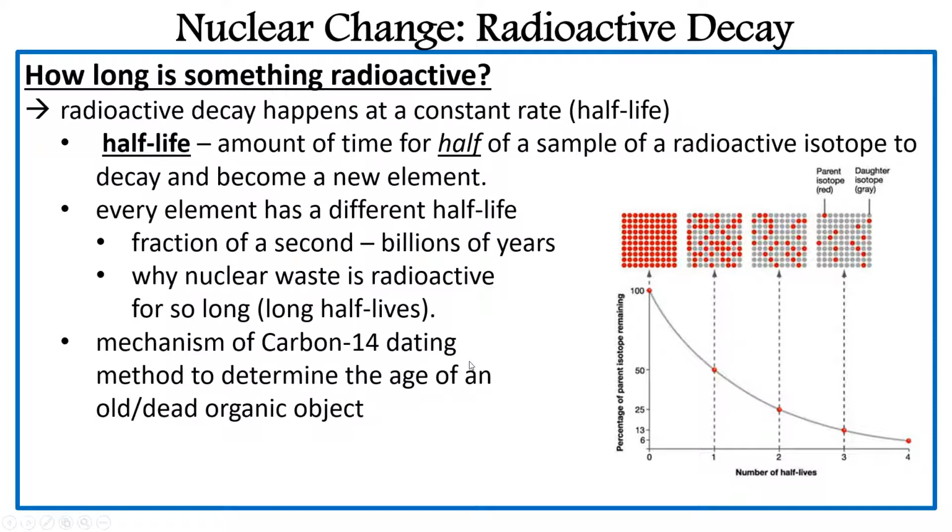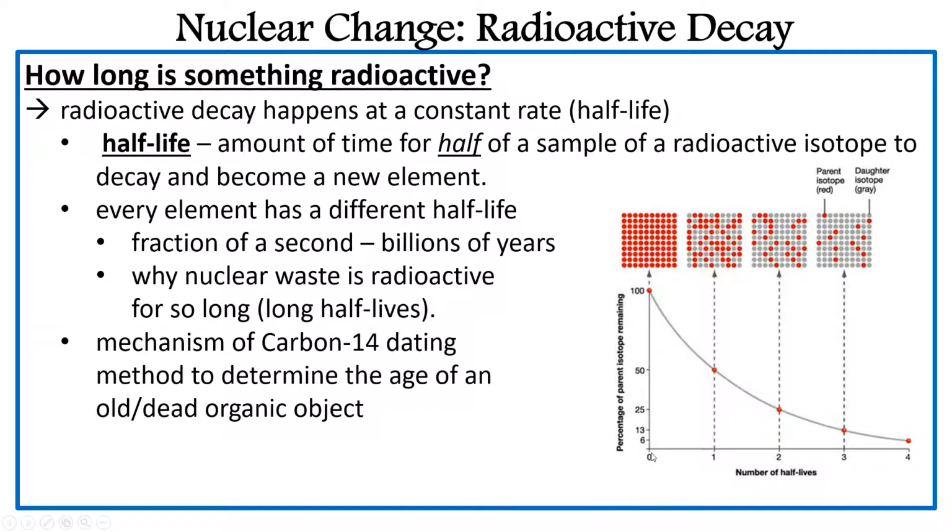So that might bring up the question, okay, how long can something be radioactive? If this is something that happens spontaneously, what's the timeline? Radioactive decay happens at a constant rate, and we call that the half-life. The half-life is the amount of time for half of a sample of a radioactive isotope to decay and become a new element. That's shown here in the graph.